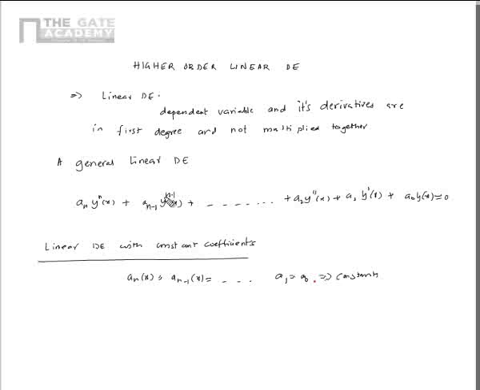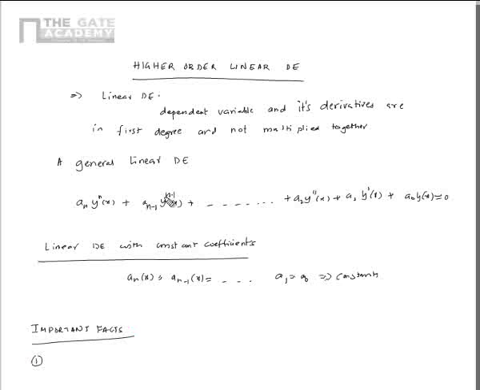So before going to the process of solving higher order linear differential equations, let's see two important facts, or important theorems you can say, but we'll not derive them. We'll just mention the facts. So, important facts about linear differential equations.